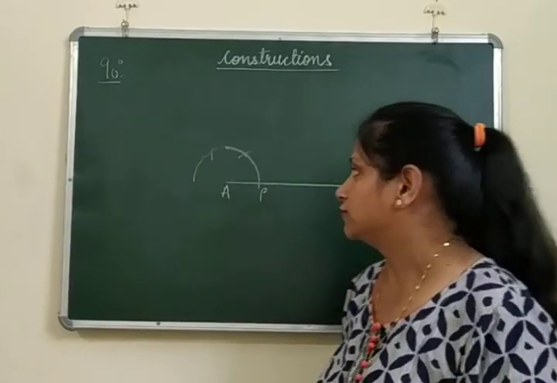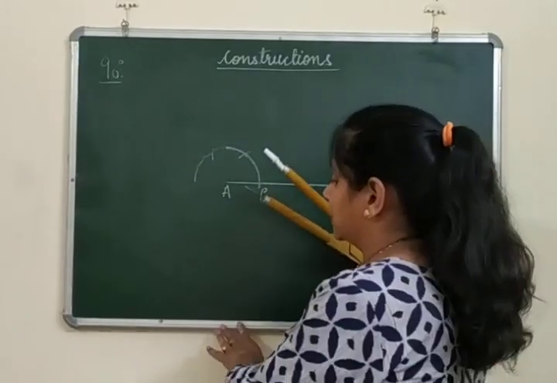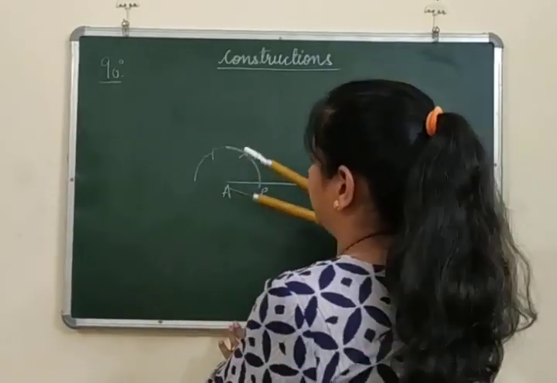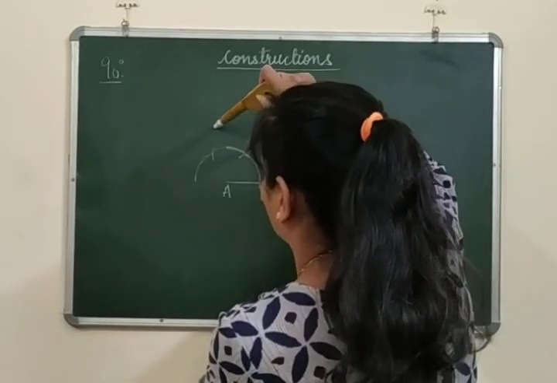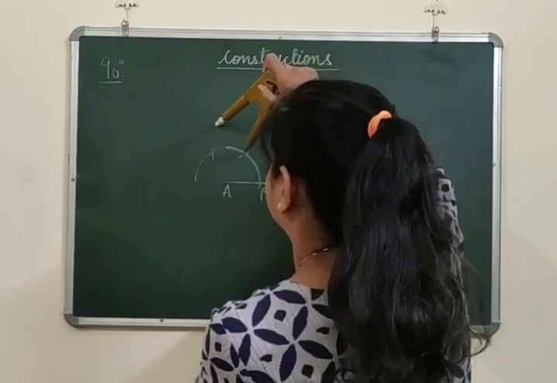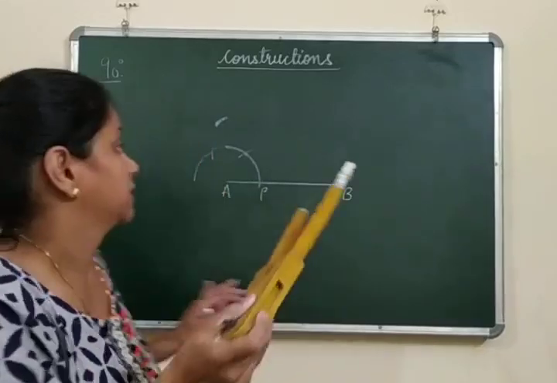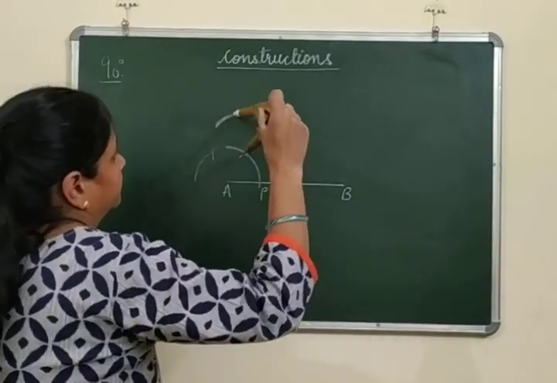So for that, we have got these 2 points. We take the radius, we can increase the radius a little bit. Then keeping our compass on the first point, we draw an arc like this. Keeping it here, we draw an arc like this.